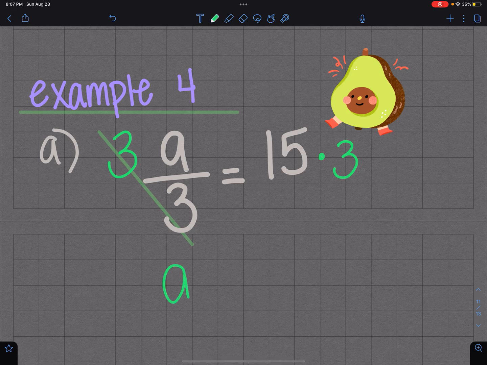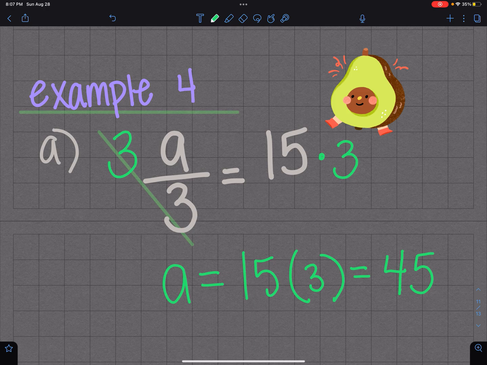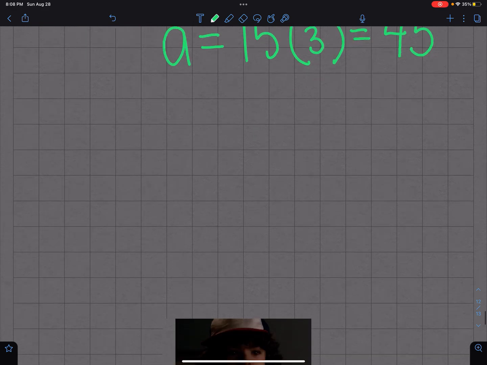So then A is equal to 15 times 3. I can do that in my head, and I get 45, because I did 15 times 2 is 30, and then I added another 15, and I got 45. Okay, sweet.